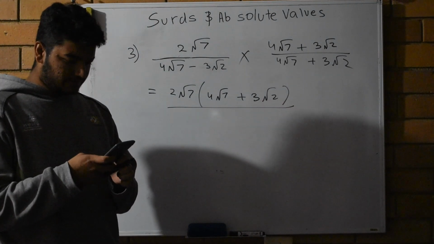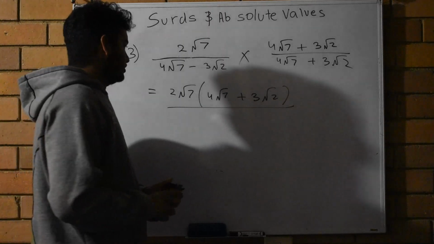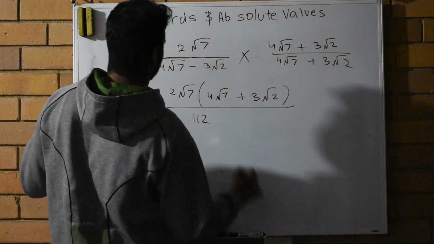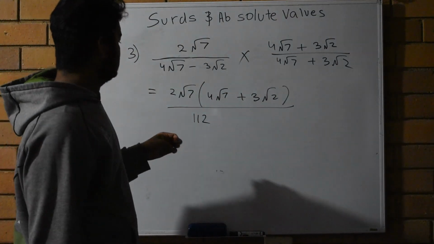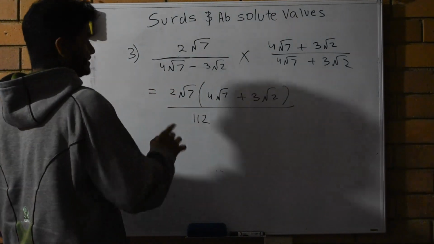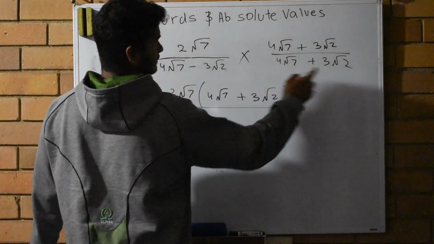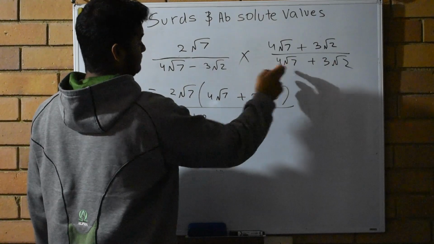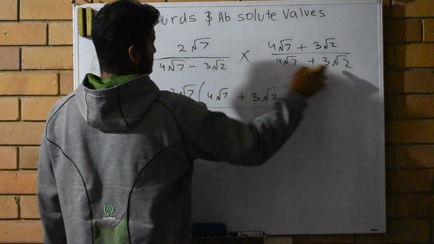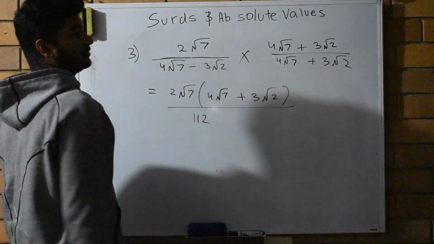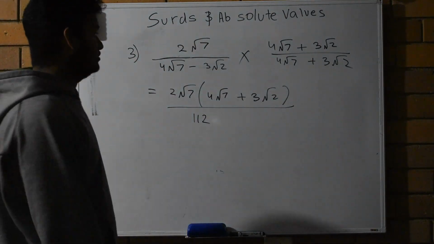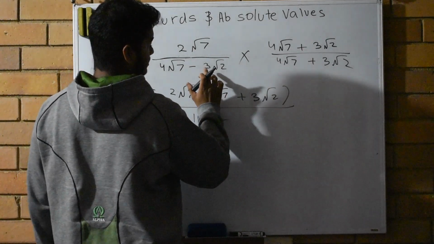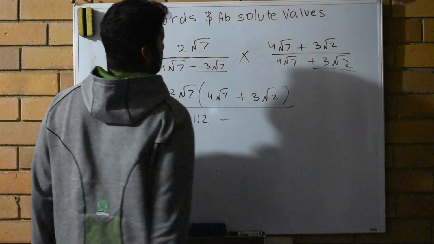So 16 times 7, that's going to give me 112. Alright, cool. So 112, and then the next step should really be 4 root 7 times positive 3 root 2, and then otherwise, but you can see that if you times by this and times by this, positive and negative eliminated. I'm not going to write it. Anyway, next one is this part and this part.